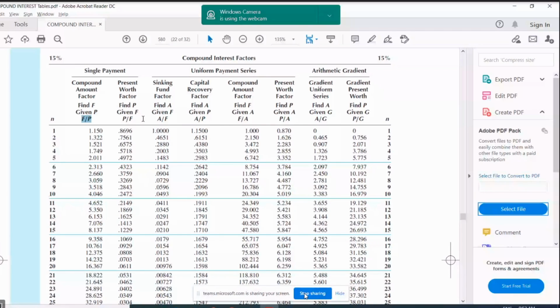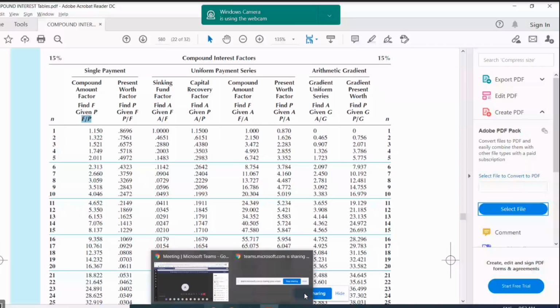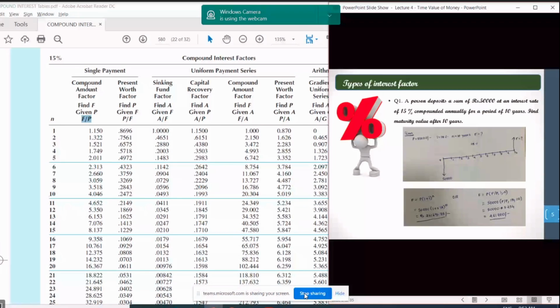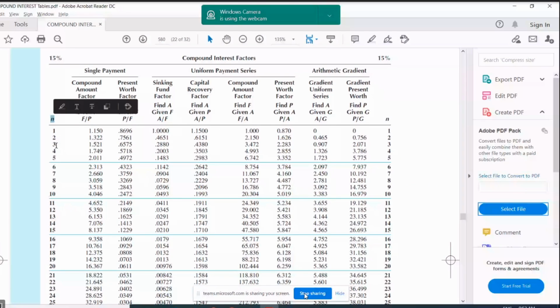Yes, sir. Yes, fine. So we want the value after 10 years, right? So n is equal to 10. With this column F by P, taking n equal to 10, the value I get is 4.046.